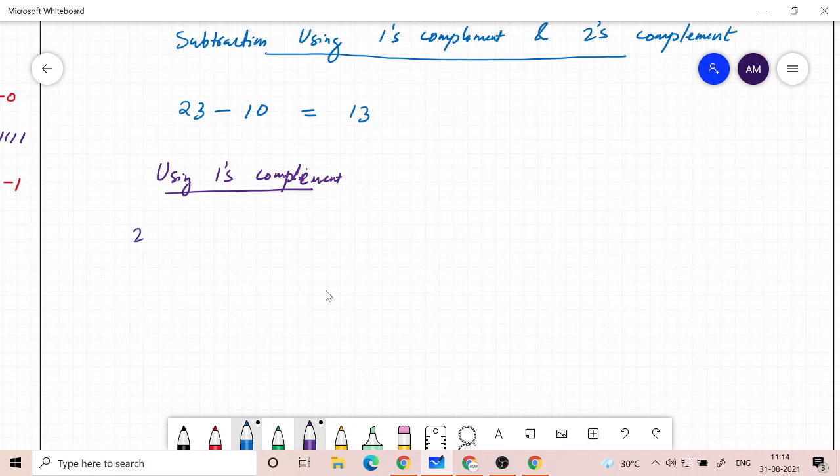So what we need to do? 23 plus we need a minus 10. Okay, so what is minus 10? So 23 we need to first of all represent with the two numbers in binary form. Let's take. So 23 is what?